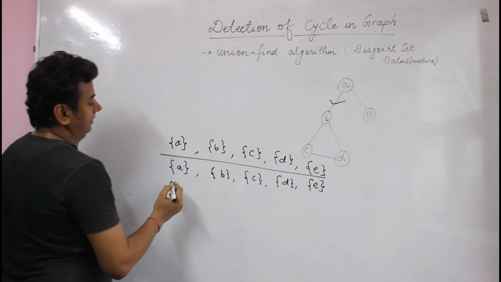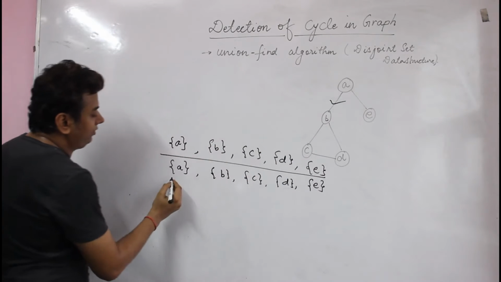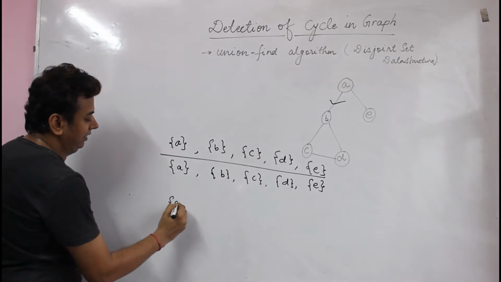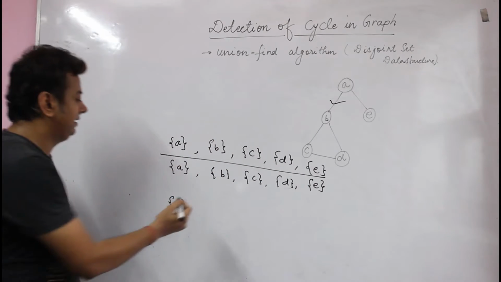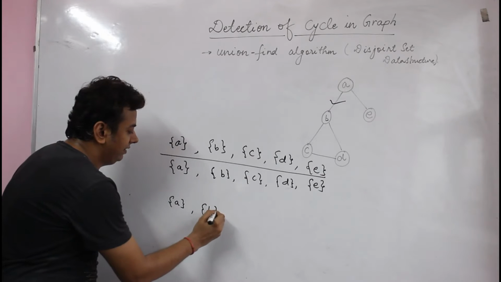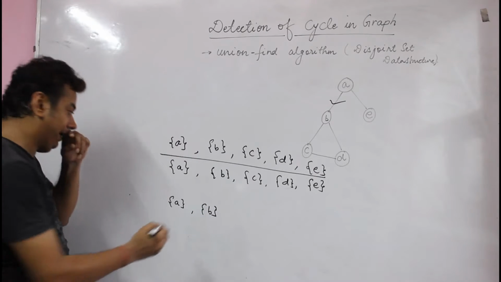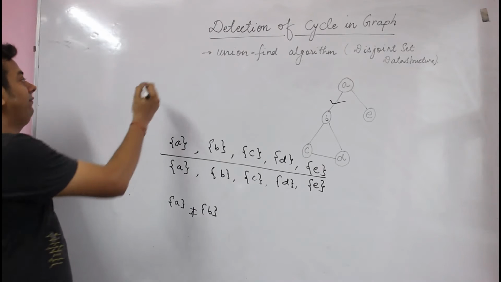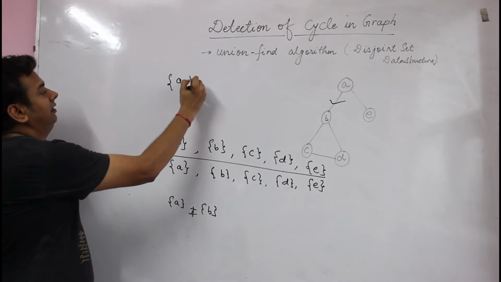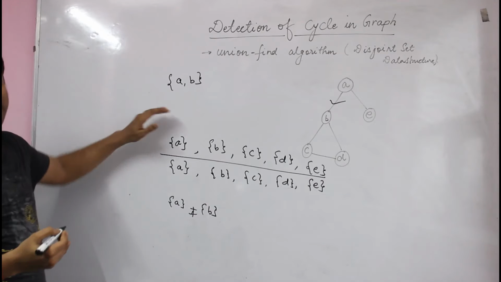So what is the parent of A? Parent of A is A, set A. Parent of B is set B. These two are not equal, so we will merge them. After merging, the new set will be AB.